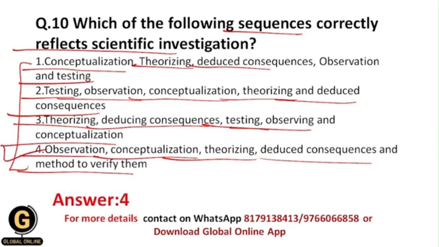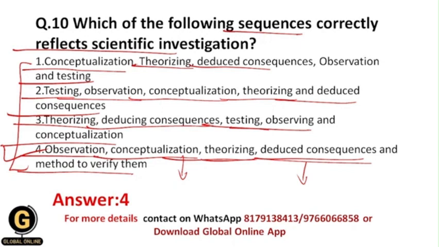And after that you do the conceptualization. It means that based upon the observation you collect the data, and based upon whatever data you have, you try to make the concepts behind it, and after that you develop a theory. Then deduced consequences means whenever you develop a theory, after that you make up a hypothesis, then you test the hypothesis, and finally you get the results.